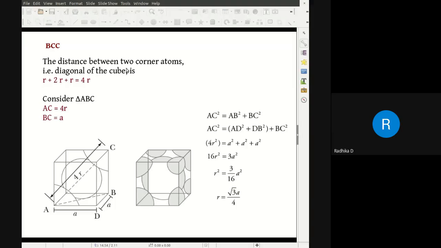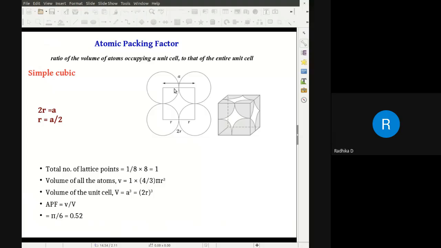Next, body centered. Once again, the same problem. In the previous case, it was very easy. We just considered the nearest atoms. We got that radius plus radius, twice the radius, is equal to the length A, the nearest neighboring distance.